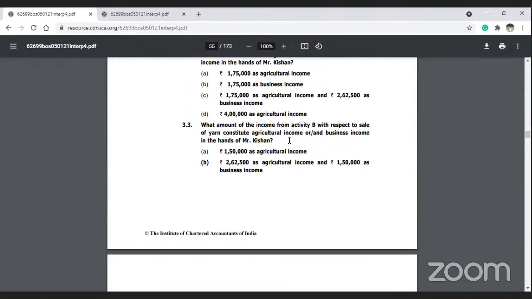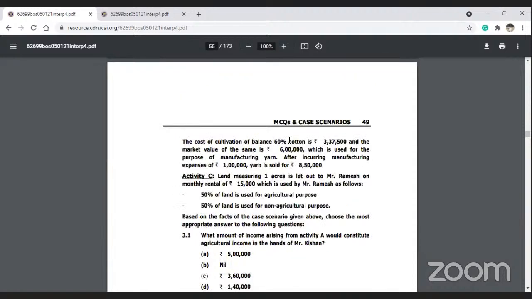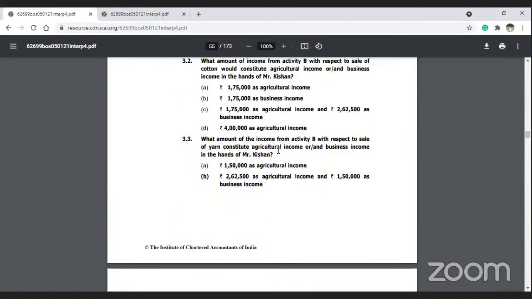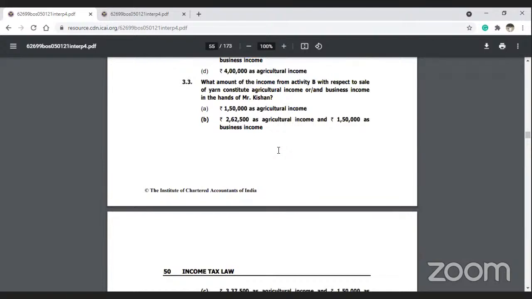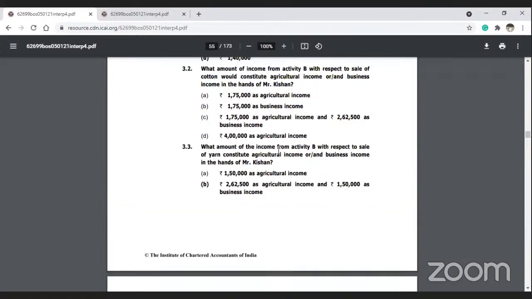Value minus 6 lakh cost, minus 3,37,500, that will be added. 6 lakh minus 3,37,500 and then 8 lakh 50,000. It is 3,37,500. Tell me the options.